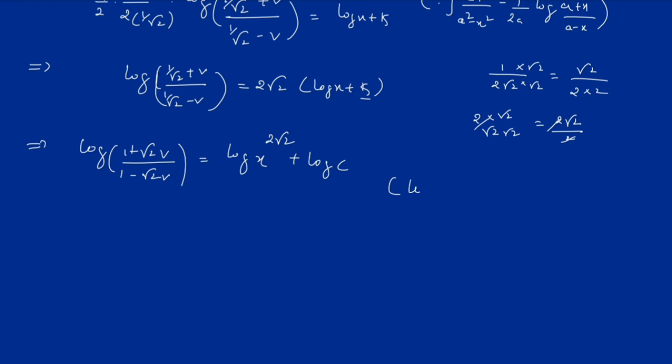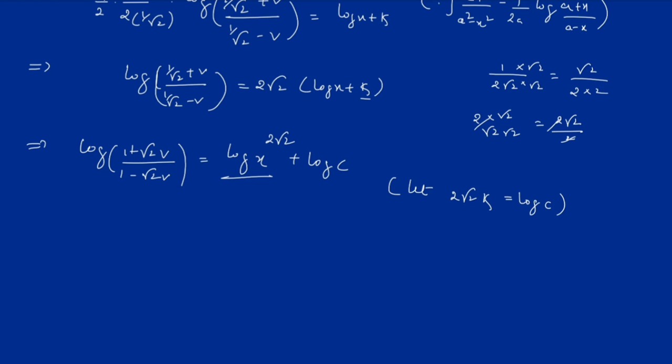So let 2 root 2 k, we just multiply inside, log is there. By applying the logarithm property we get log x to the power of 2 root 2, and here k can be taken as log c, where 2 root 2 k can be written as log c, right?